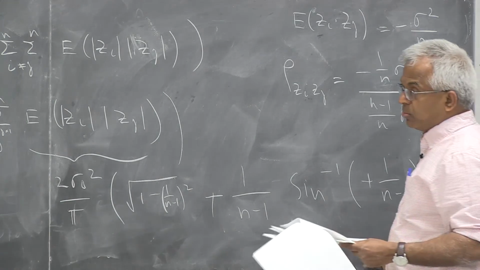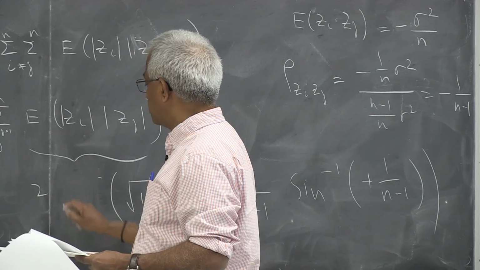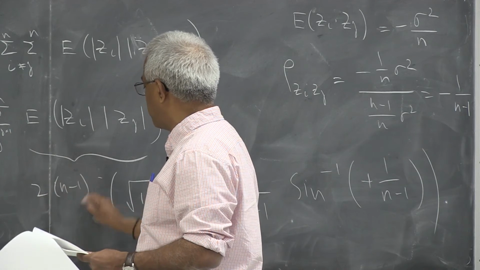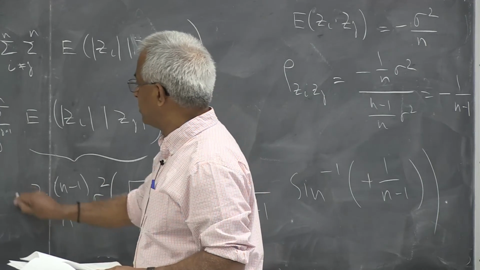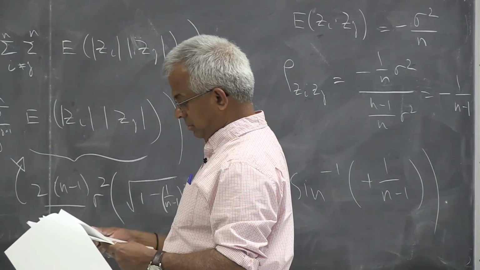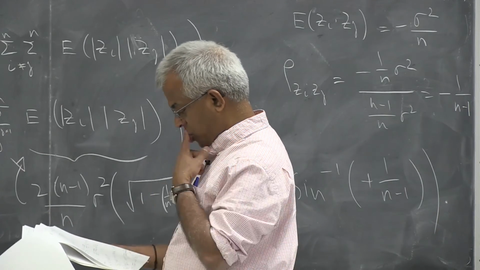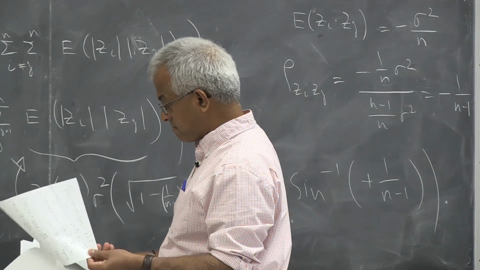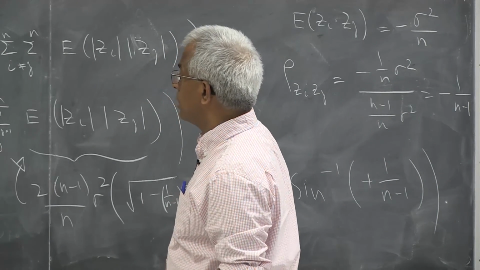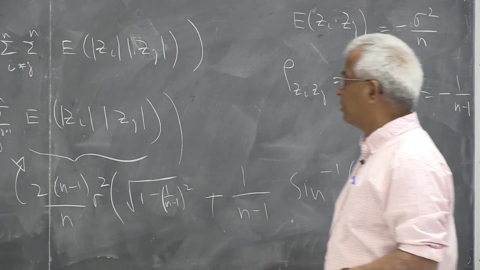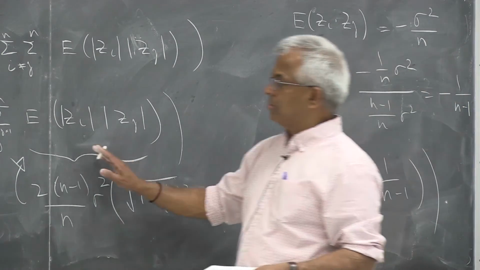And sigma naught itself, we can simplify this also. Sigma naught squared is n minus 1 over n sigma squared. So if you substitute this expression here, everything is solved now.